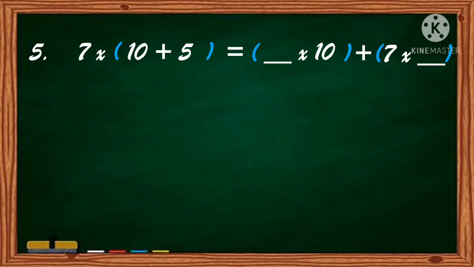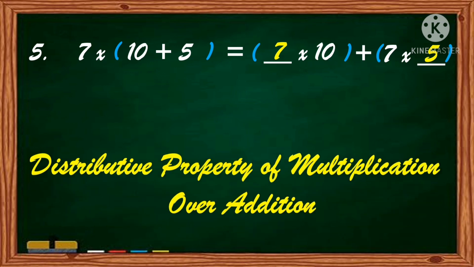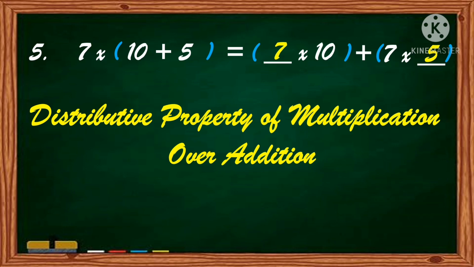And the missing numbers are 7 and 5. And the property of operation is distributive property of multiplication over addition.